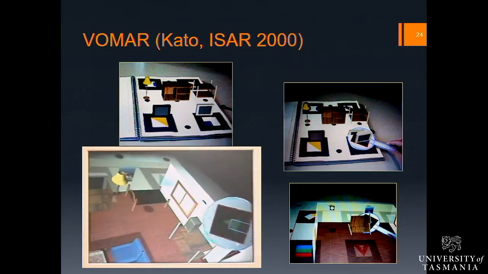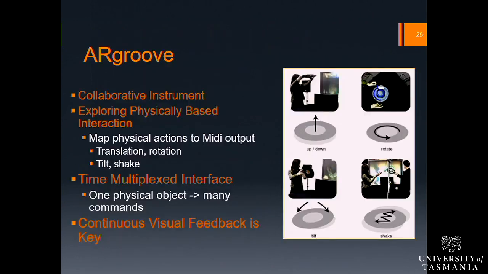All right, so that's one thing, and then the other one. This one is actually something I helped set up at a SIGGRAPH conference many years ago. This is AR graph, and this one is about music. It uses the same marker here, and you can see they spun the heck out of this technology many years ago. They have a kind of DJ disc where people keep moving the disc to play music.